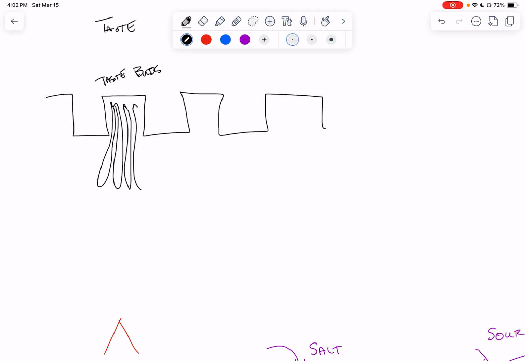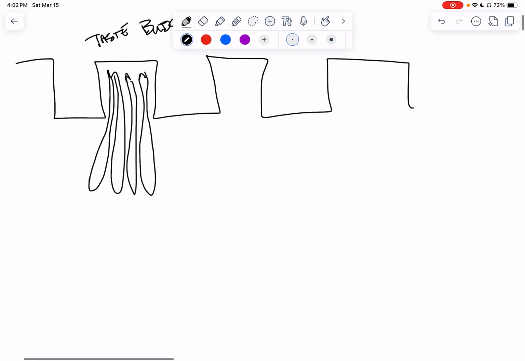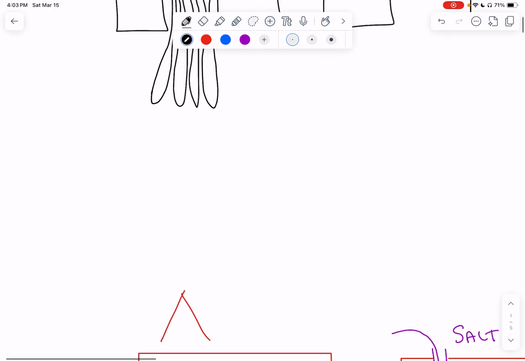And beneath all of these taste buds are these little tiny nerve receptors that all have different mechanisms by which they receive input. And so each of these receptors underneath the taste buds all respond to different chemicals to tell your brain that you are tasting something different.